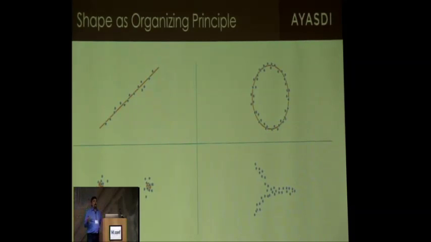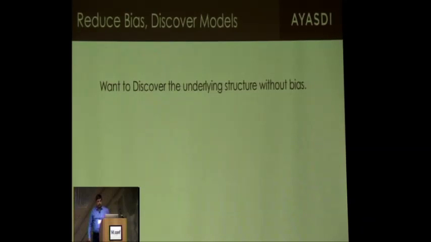It's that with the simple models, not only do you not know what simple model to apply to your problem, you don't even really know if there is one simple model to describe the problem. So what we want then is a way to discover the underlying structure without assuming first what it is, right?